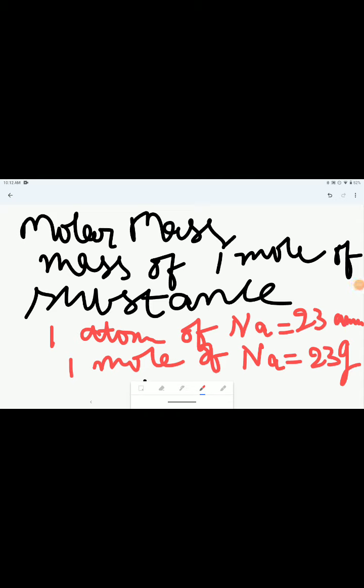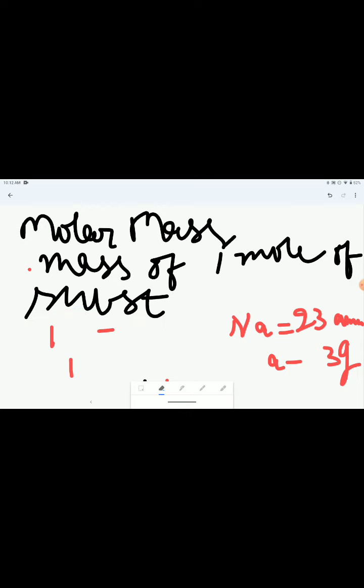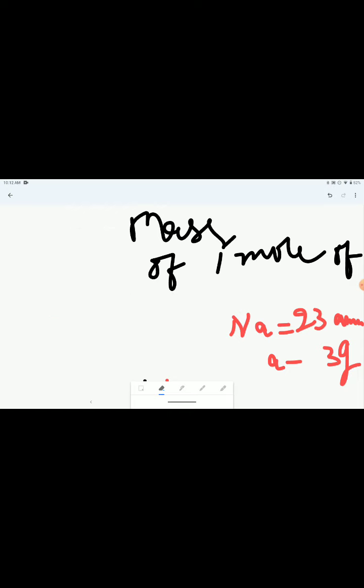One atom of Na contains 23 atomic mass units, and one mole of Na, that is Avogadro number of atoms of Na, contains 23 grams. This is called molar mass. This is the mass of 1 mole of Na. Here the substance is Na. So I think you understand: molar mass is nothing but the mass of 1 mole of a substance. This is the thing that I want to explain.